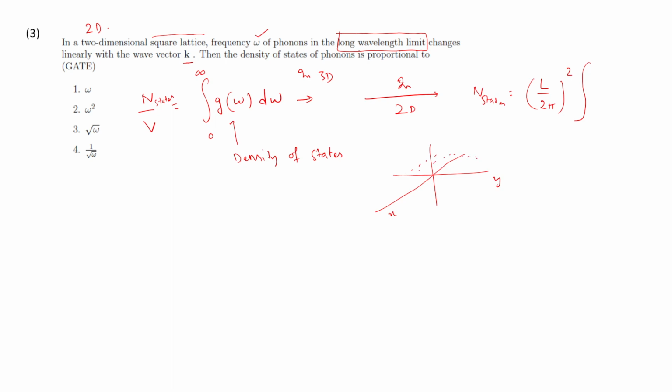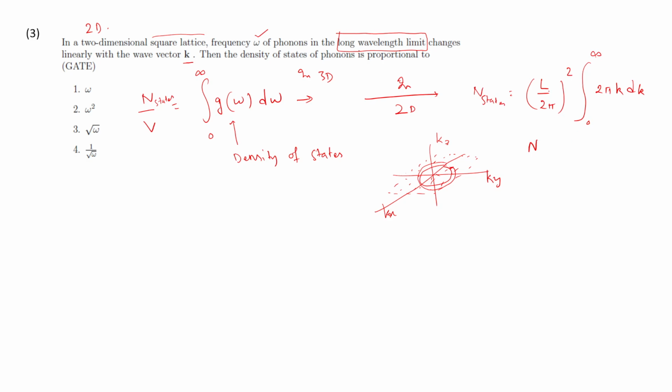The way we have to count is, we take a thin strip which has a radius k in k space. So we take a thin cell of radius k, and we span it with thickness dk over the entire plane. So it is 2 pi k, which is the circumference of this strip, and dk, and k goes from 0 to infinity. So this is how we count the number of states.